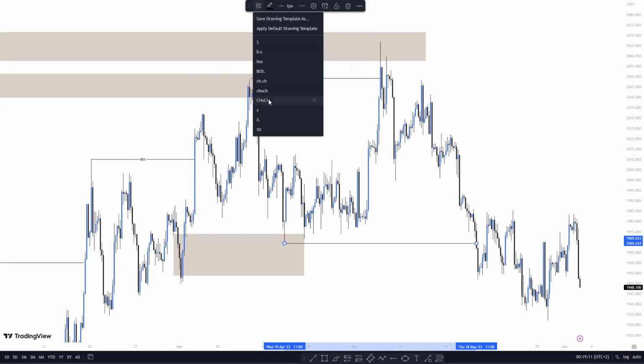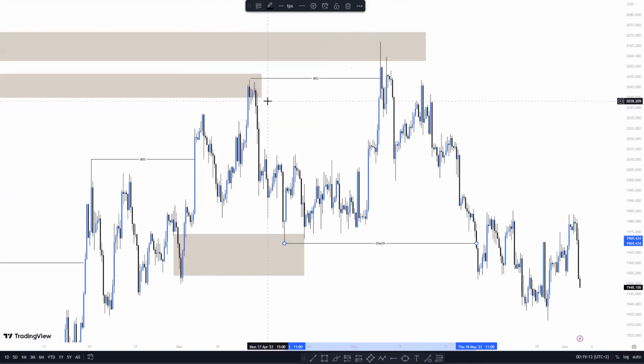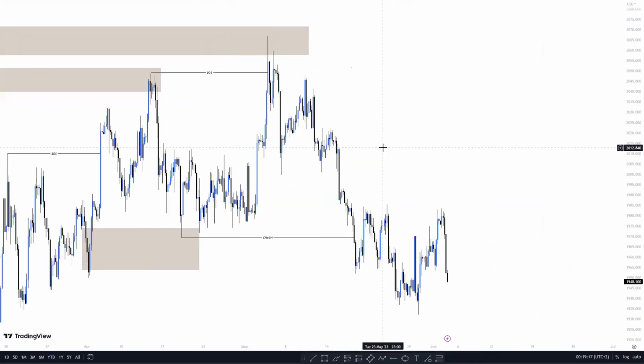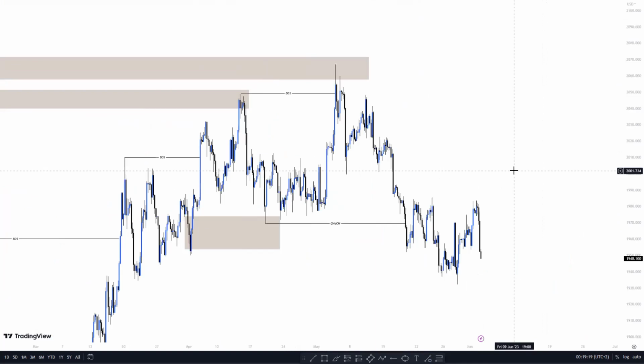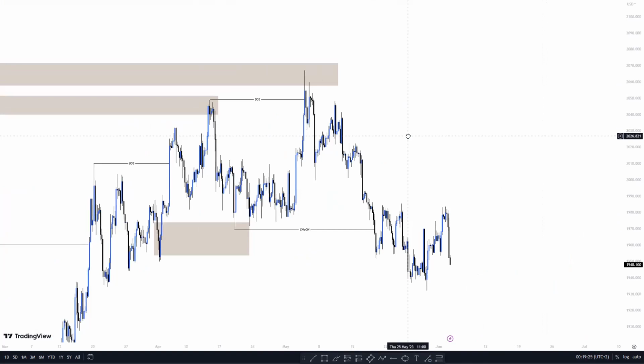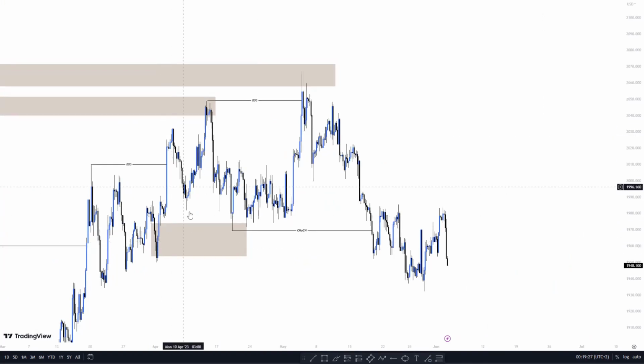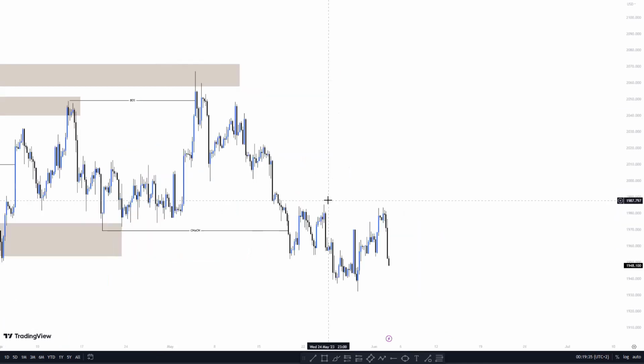So that is our change of character, external structure. So we broke structure, came back, broke structure, then we came back. Now we're here.